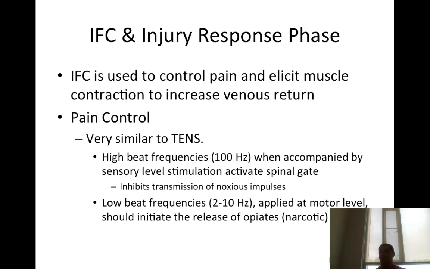Low beat frequencies, 2 to 10 hertz, applied at a motor level, so muscle contraction, should initiate the release of opiates, like a narcotic level of pain relief. Crazy. Just by manipulating the frequency of the unit, we can get a gate control or an opiate control mechanism.